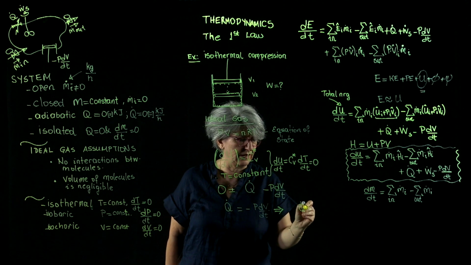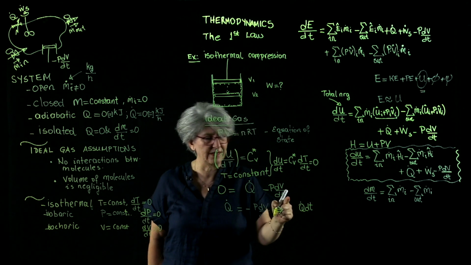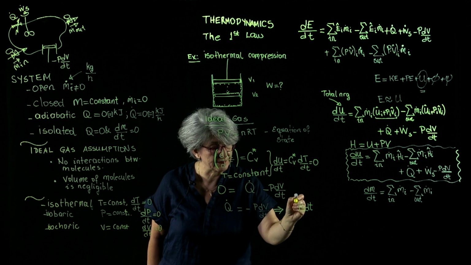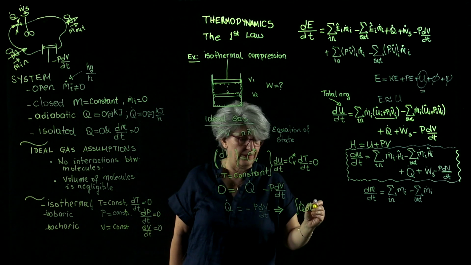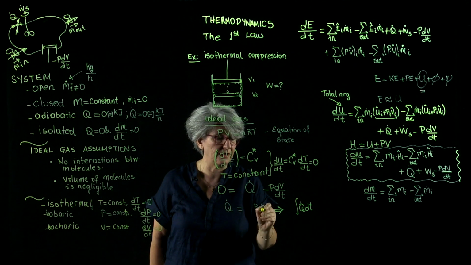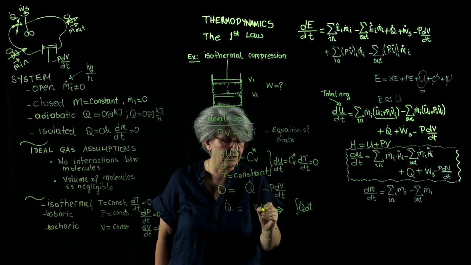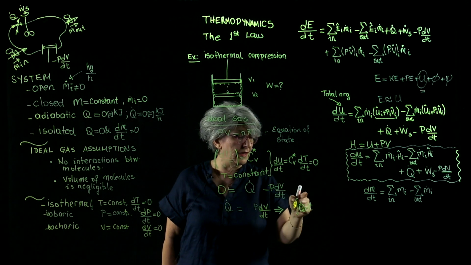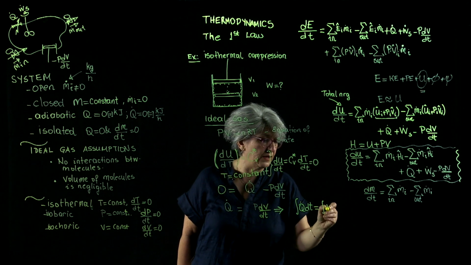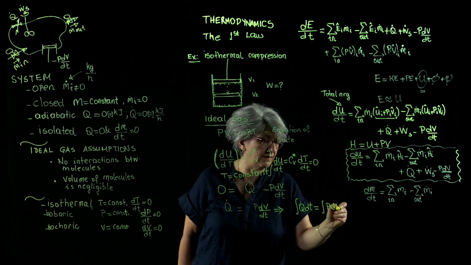Q dot dt. This is the instantaneous heat flux. Of course, when this goes to the other side, the minus sign disappears. Or I take this one to the other side. Q dot dt is equal to integral P times dV.